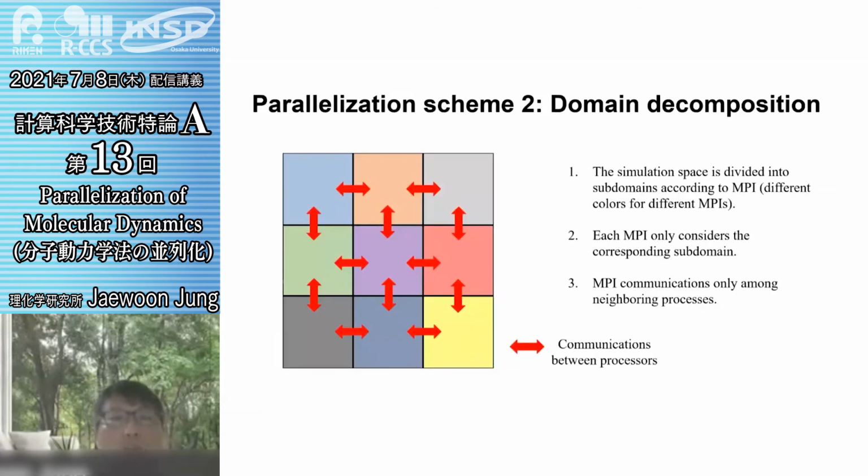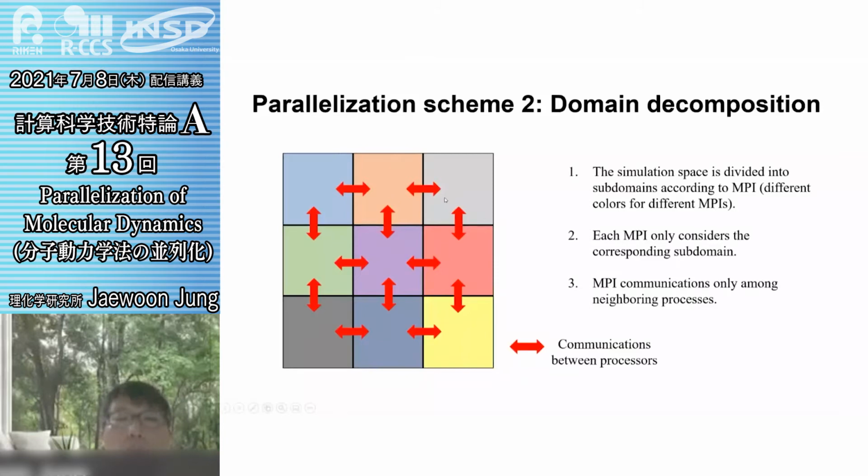And nowadays, almost all MD software makes use of the domain decomposition scheme for parallelization. In this case, the whole simulation space is divided into subdomains like this one. Here are the different colors. And we assign MPI processes to each subdomain.